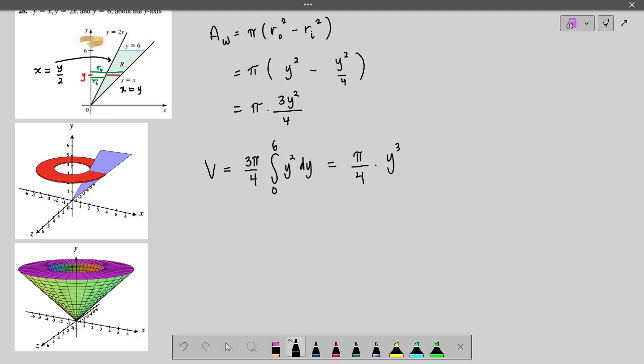Dividing by the 3 will actually cancel with the 3 that's already out in front in the numerator. The 0 is going to contribute no volume. So we will end up with pi divided by 4 multiplied by 6 cubed.